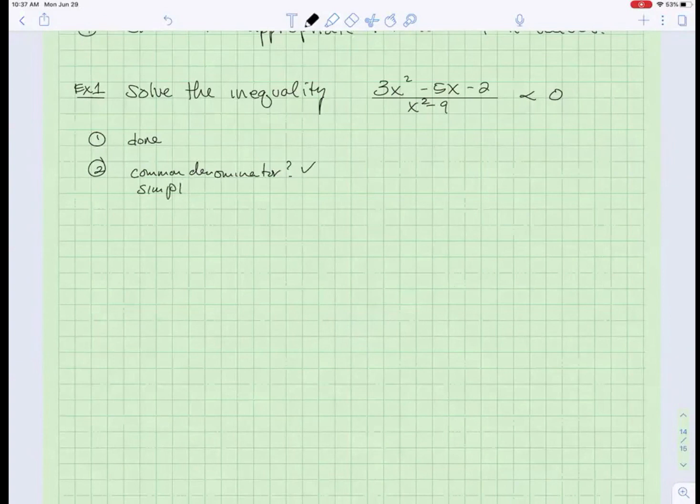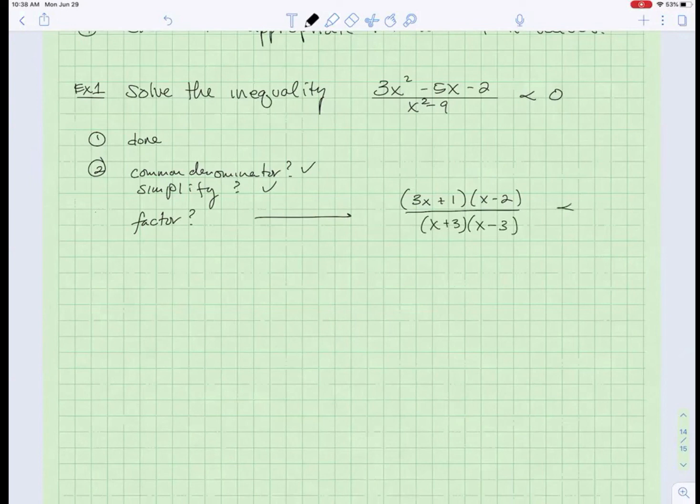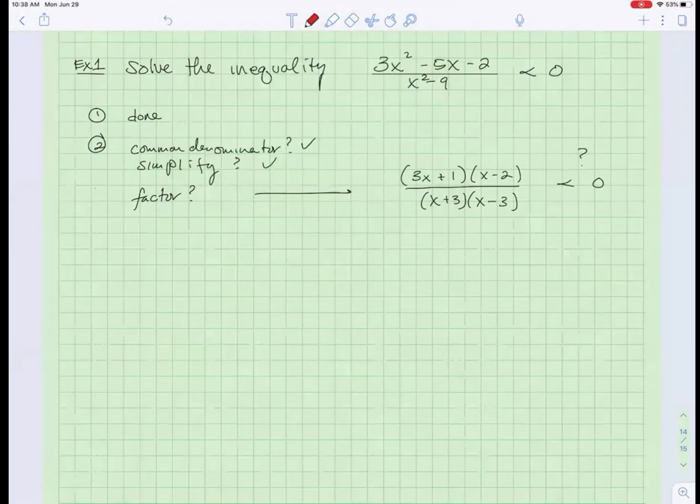Simplify, check, it's simplified. Factor. This factors from our factoring in the last example. This is 3x plus 1 times x minus 2 divided by x plus 3, x minus 3. And we want to know, when is this less than 0? So now I have it in factored form. Check.